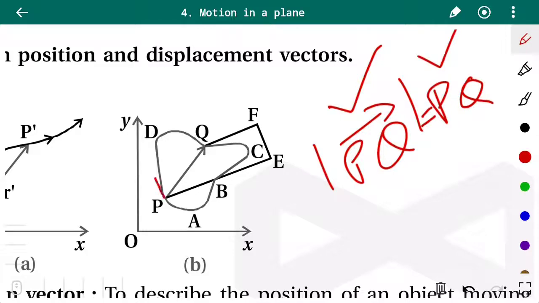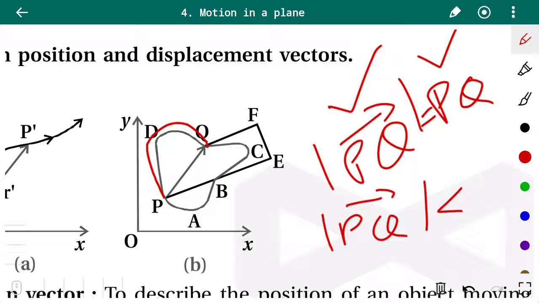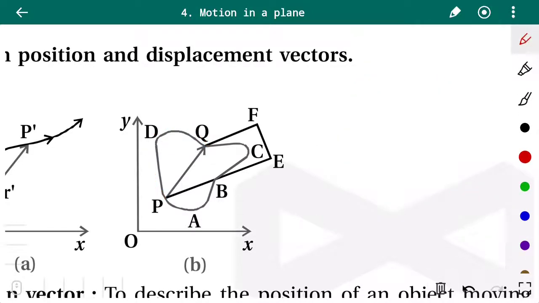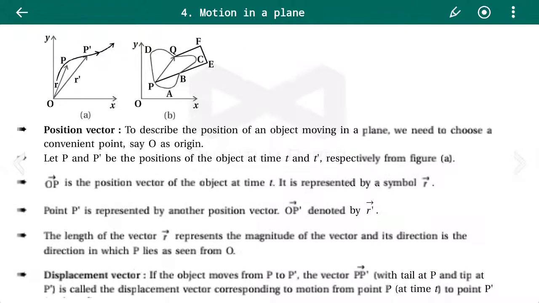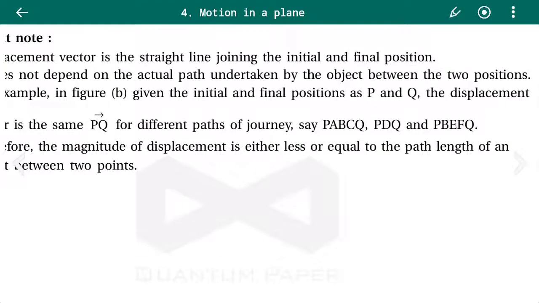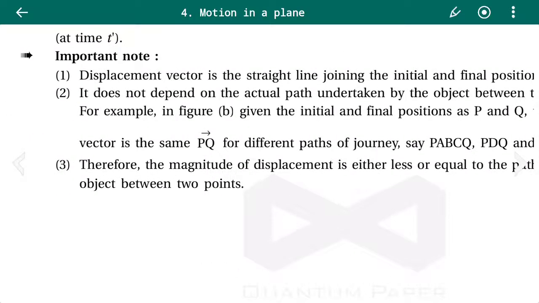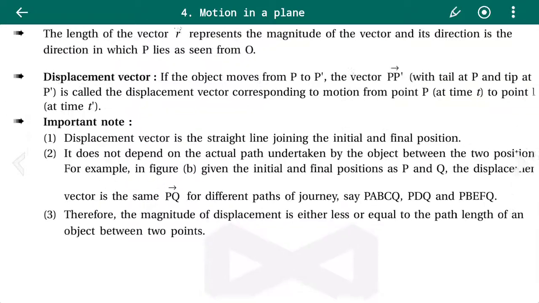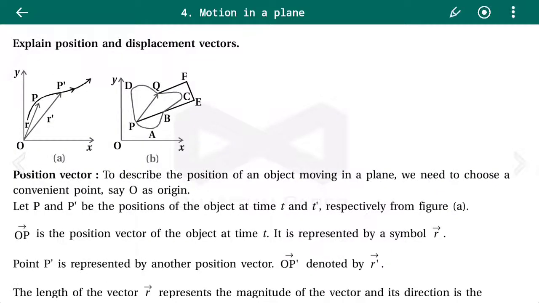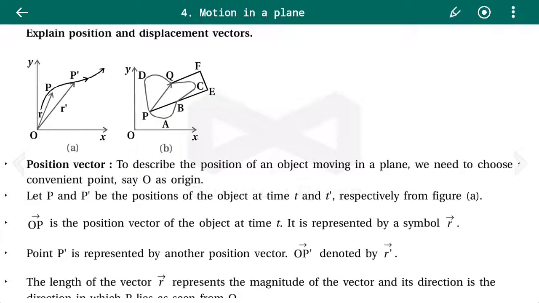But if we consider this PDQ path, then the displacement is PQ, because displacement is always the initial and final position. So for this path also the displacement is PQ vector. It will be less than the path length PDQ. So in any case the displacement will be less than or equal to the path length of an object between two points. So students, you may note down this theory, explain position and displacement vectors.